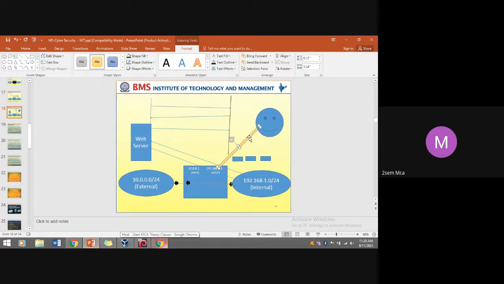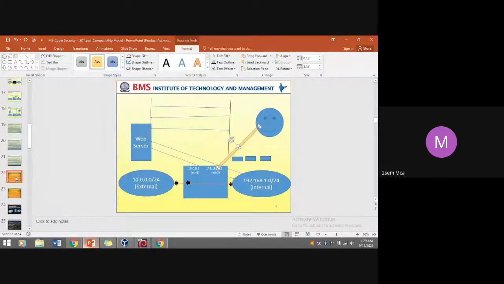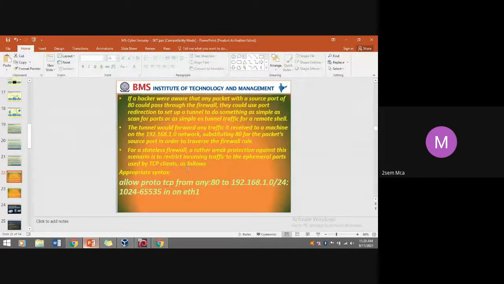This is also termed a secured tunnel. The tunnel would forward any traffic it received to a machine on the network, substituting 80 for the packet source port in order to traverse the firewall rule.